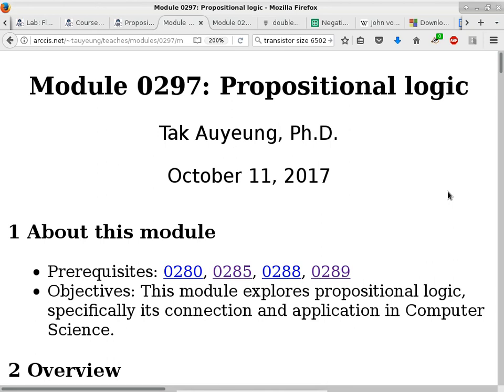In philosophy, they talk about propositional logic and the early philosophers. Plato, Socrates, the Greeks, right? So it has existed for a long time already.